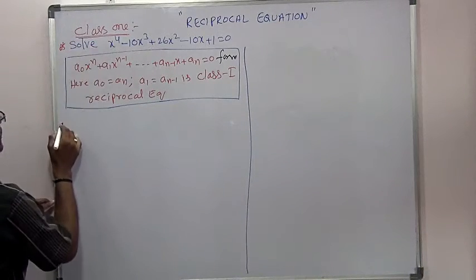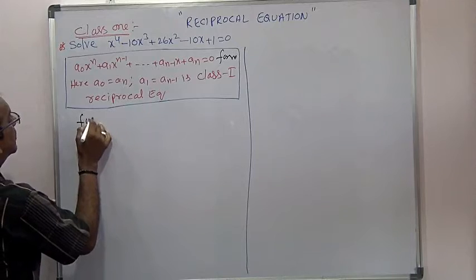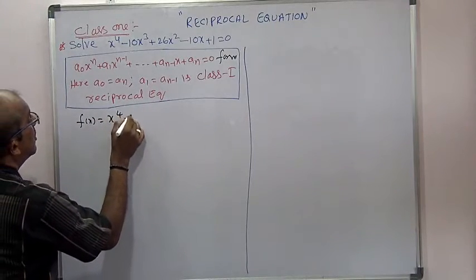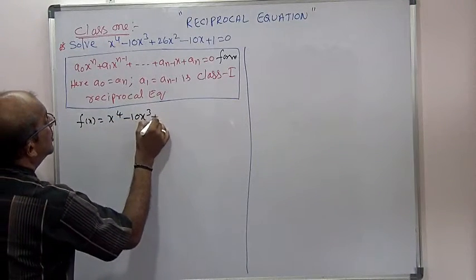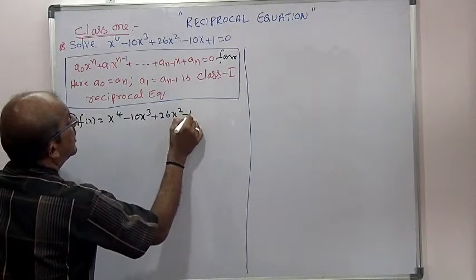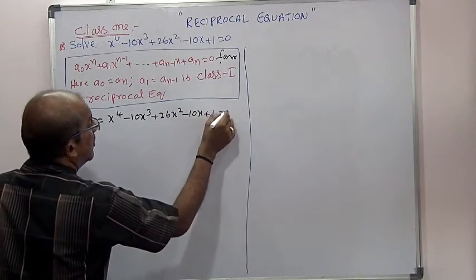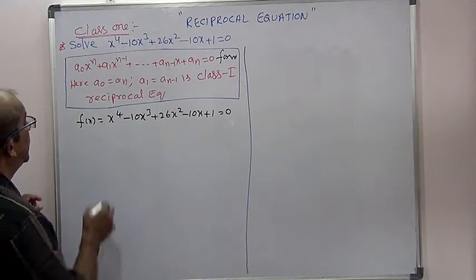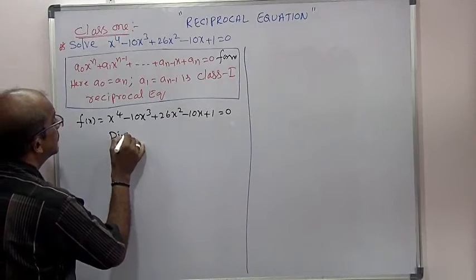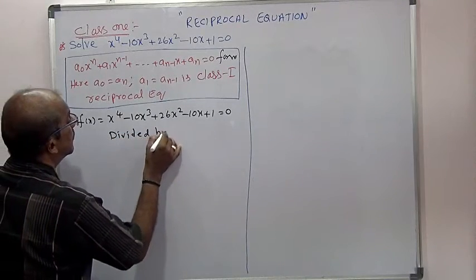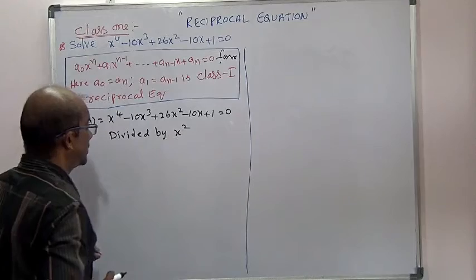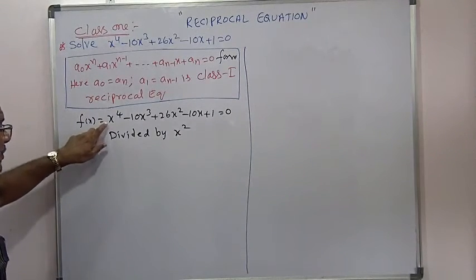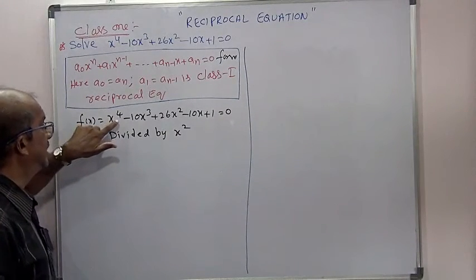Now, first f of x is equal to x power 4 minus 10x cube plus 26x square minus 10x plus 1 equal to 0. This equation we first divide by x square. Suppose it is a fifth degree or sixth degree equation.